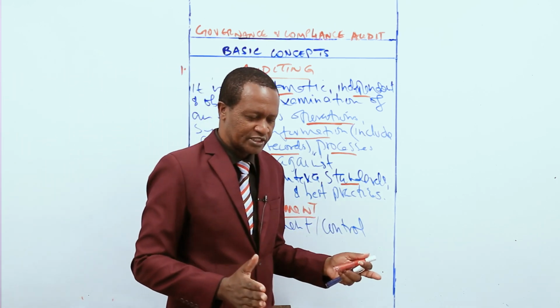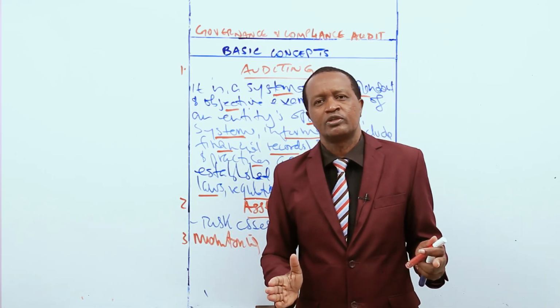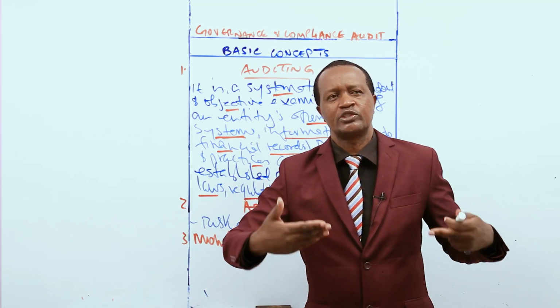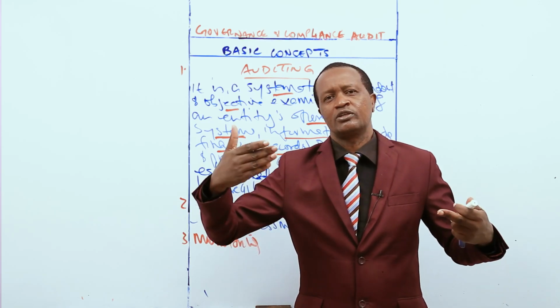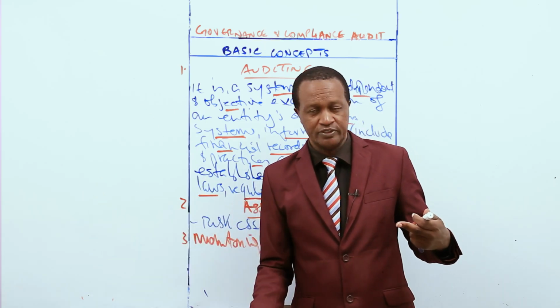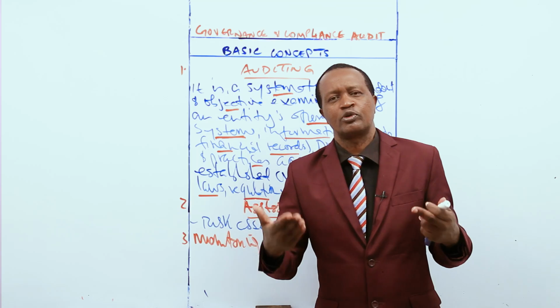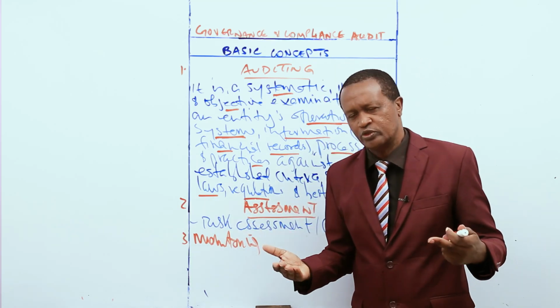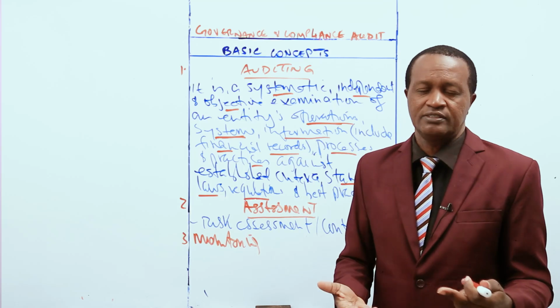The management of a company has the responsibility to ensure that the organization is running in such a way that will contribute to the achievement of the organization's objectives. It is the role of the management to ensure that there are proper internal controls so that the assets of the organization are safeguarded.